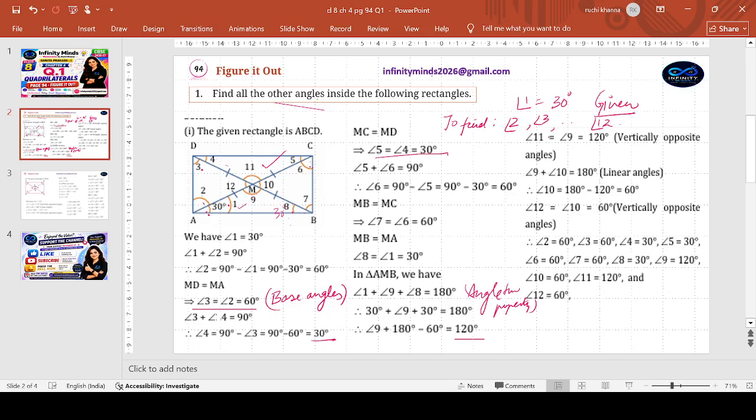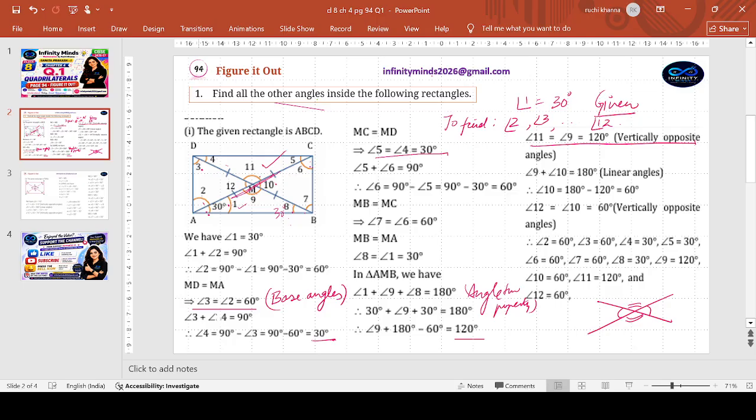Once angle 9 is solved, 11 can be called equal to 9 as vertically opposite. When two lines intersect, the pairs of vertically opposite angles are equal. Class 7. Right? 9 plus 10 can be a linear pair. Together they are forming a straight line.